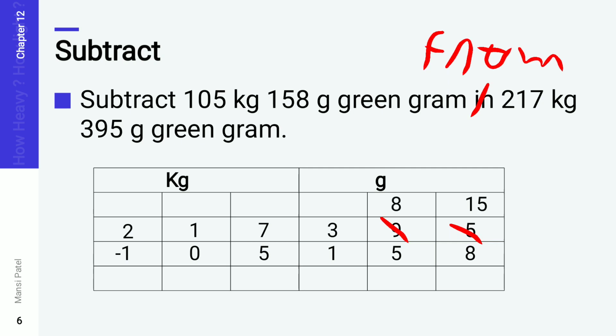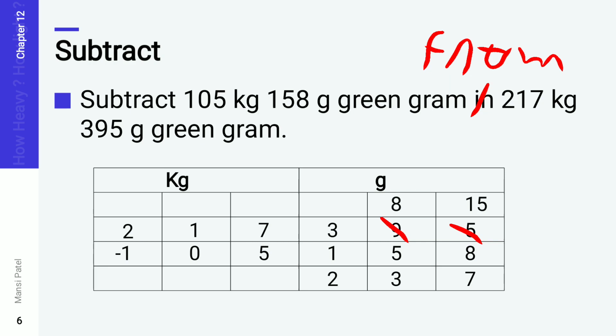Now 15 minus 8, is it possible? Yes. So what is the answer of the subtraction? 15 minus 8, that is 7. 8 minus 5, it's 3. 3 minus 1, it is 2. So how many grams are there? There are 237 grams.